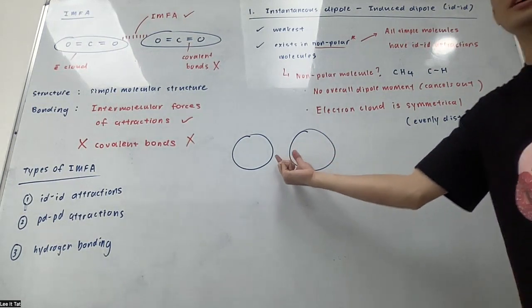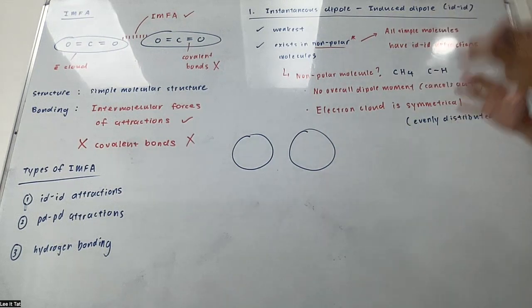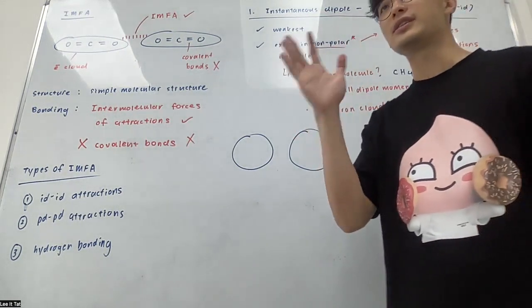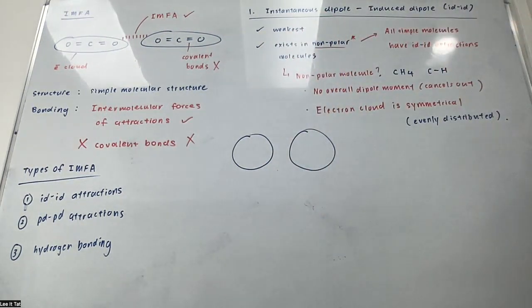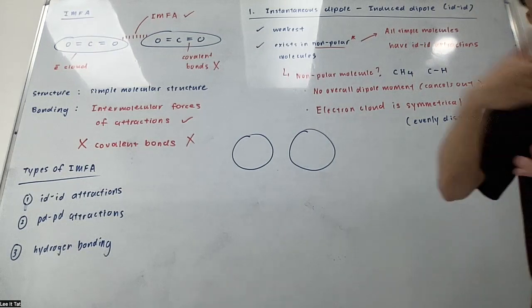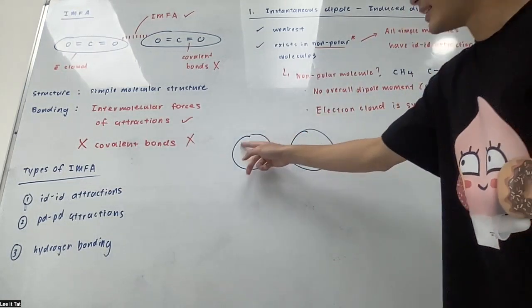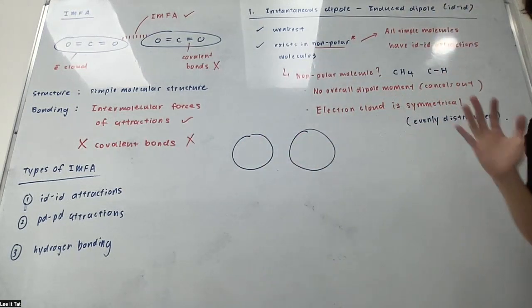Do you think they're going to have any interactions with one another? Are they going to attract each other? Some of you will say yes, some of you will say no. Never mind. Right now, you have to answer one question. Are electrons stationary or always moving? Electrons are always moving, right? They're always flying around. Because they are always moving, the cloud is never going to stay symmetrical forever. Does that make sense?